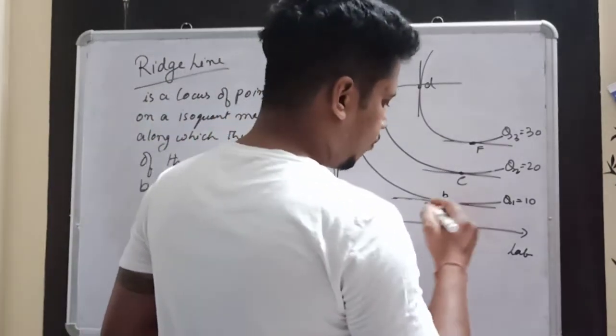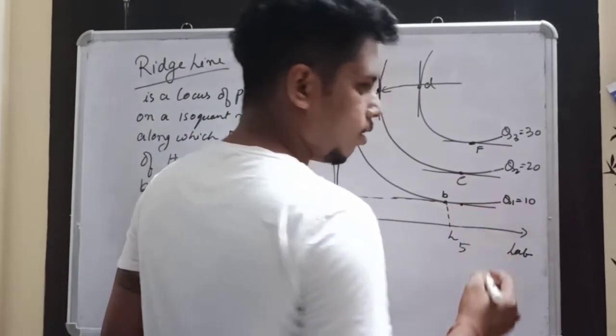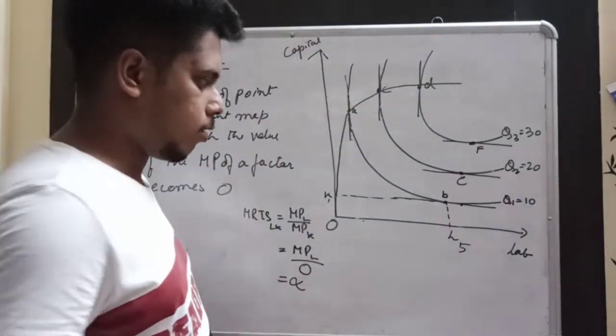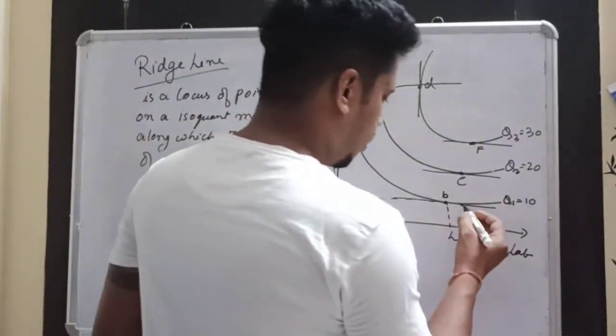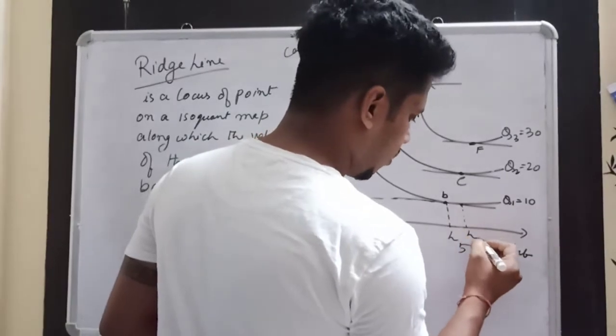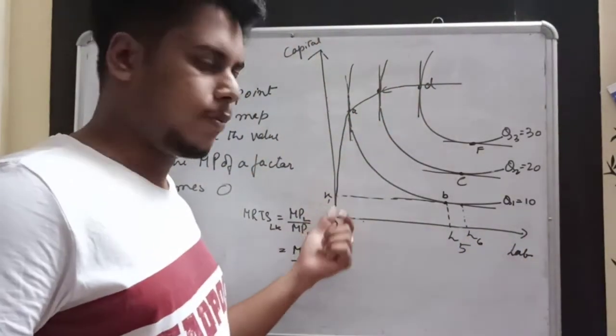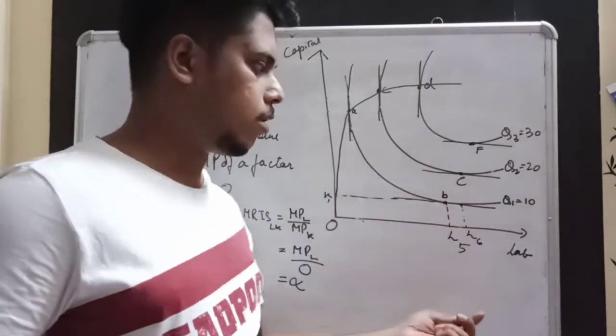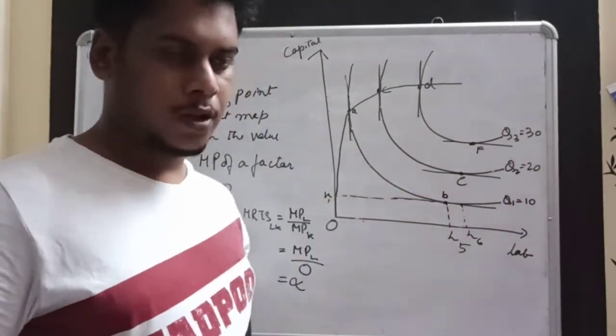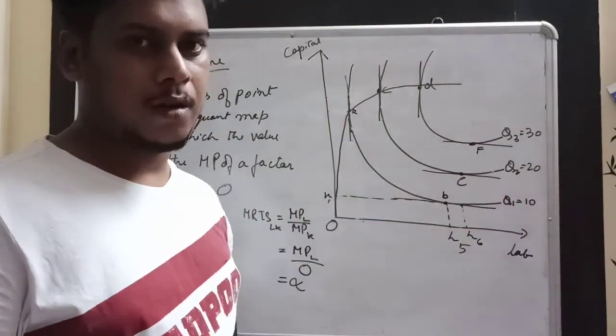And if you move beyond this point, you will basically be shooting yourself in the foot, because you will be using one more extra unit of labor and the same unit of capital. However, this extra unit of labor won't fetch you anything more. You will still be producing 10 units of output.